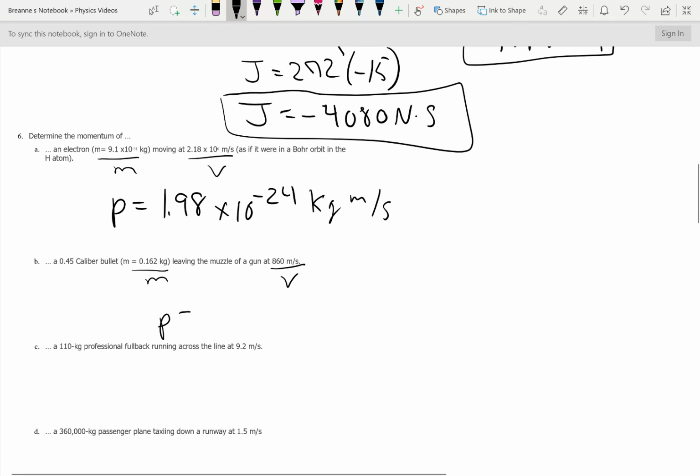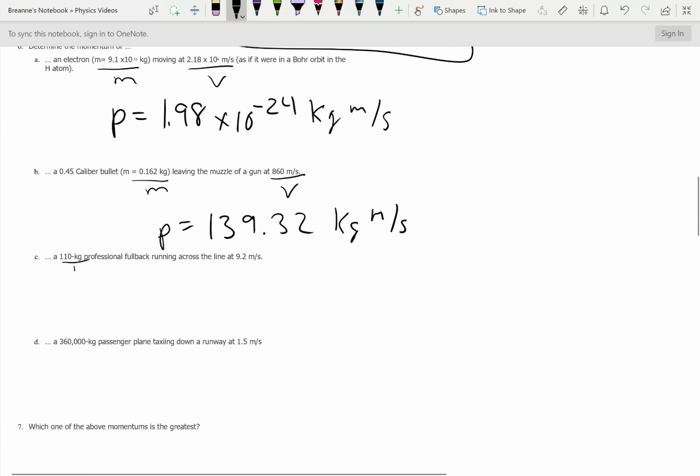And then again, you have the mass of the bullet, you have the velocity, so you just multiply those two together. So it'll be 0.162 times 860. That gives you 139.32 kilograms meters per second. We have the mass, we have the velocity, you just multiply those two together. 0.2, and you get 1,012 kilograms meters per second.